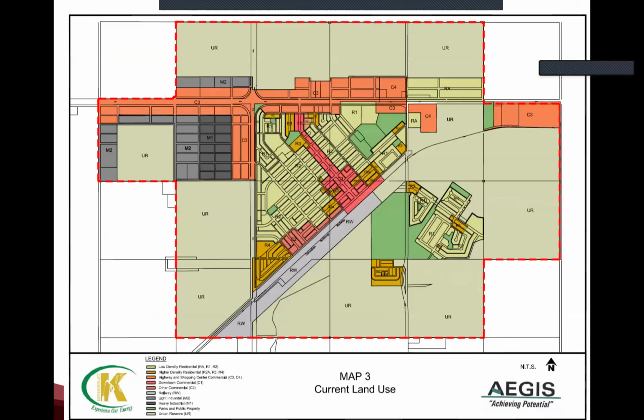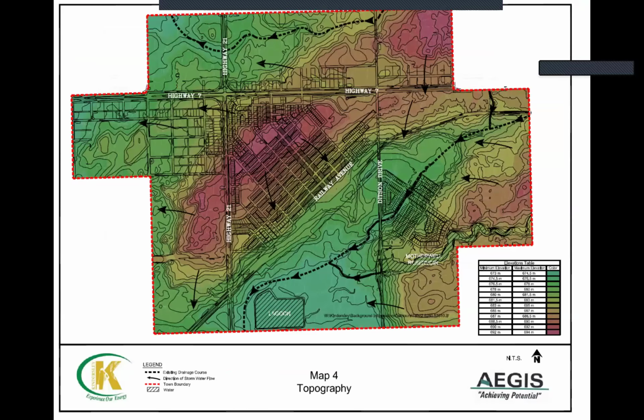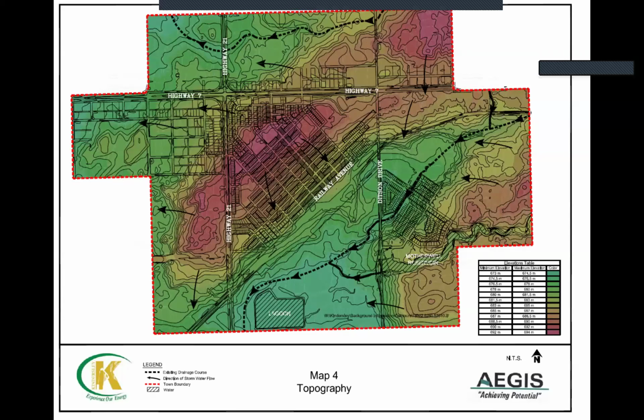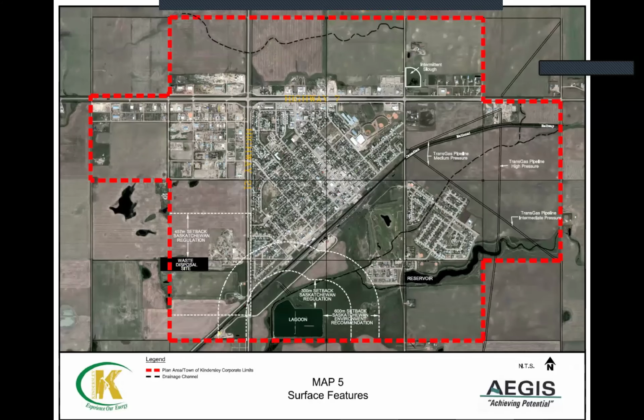In the next one, if you keep your eye on the bottom right, where we have the body of water, we also have now the description. This is a reservoir, and you also can see the contours. These contours will give you a first impression of where you have roughly the same elevations. You can see also at the bottom of the image that there's a lagoon, and these lagoons will have environmental setbacks.